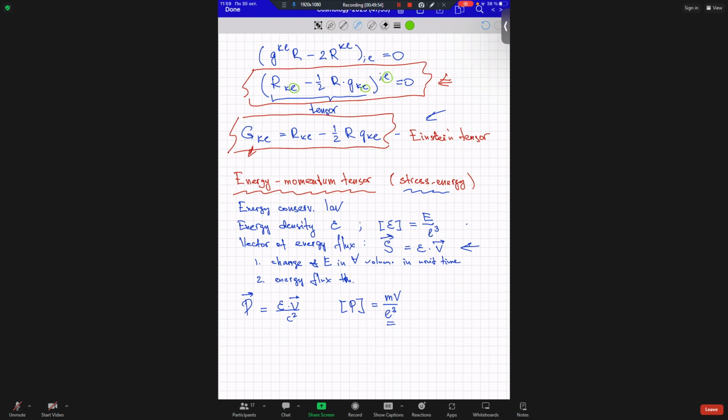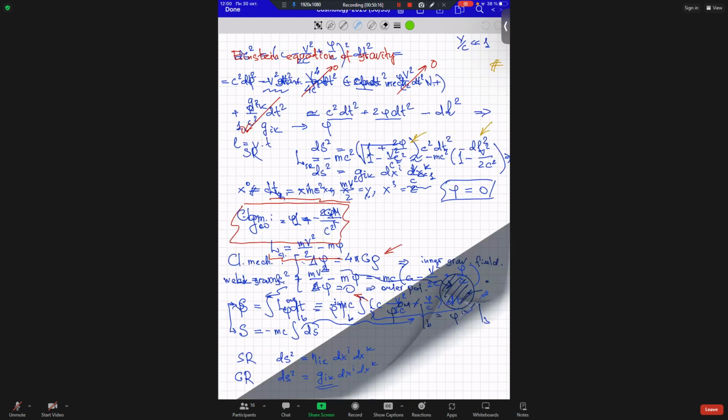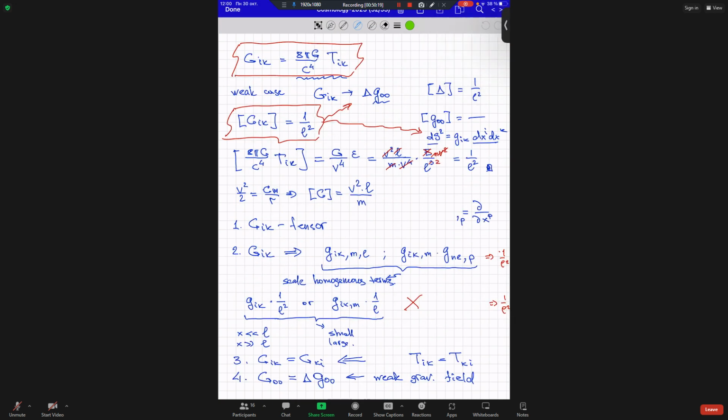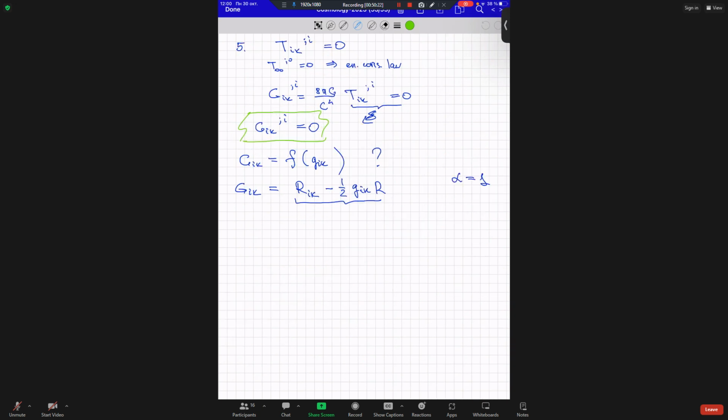There is some combination which consists of the metric properties, the object which describes metric properties of the space, and exactly this combination gives us the fact that the covariant derivative of this combination equals 0. This is what we need to satisfy the requirement that the energy-momentum tensor's covariant derivative must be equal to 0.